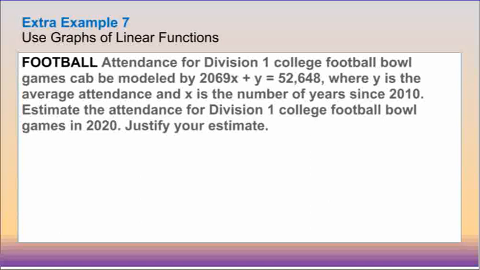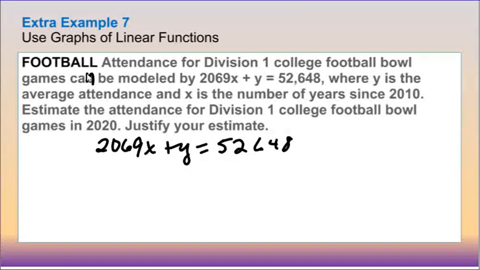Justify your estimates. So x is representing the number of years since 2010. And since we're looking at 2020, that would be 10 years. So all I'm going to do is take my equation that they give me and I'm going to solve for y.